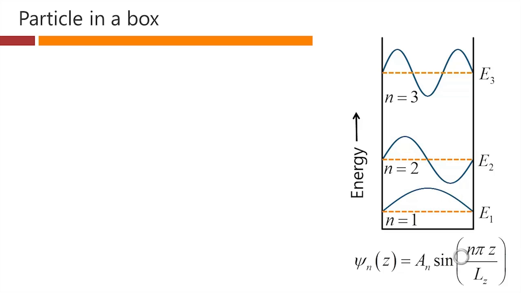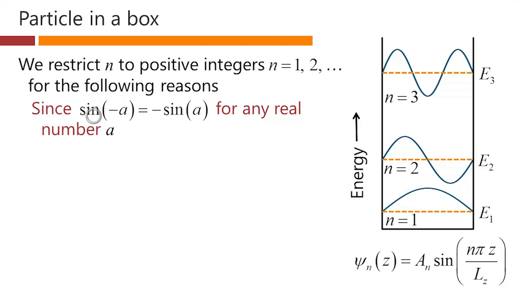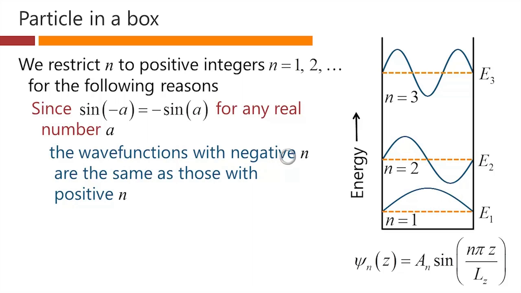Now, let's look a little bit at this wave function here. We can deduce something about these values n beyond what we've said so far. We can restrict n to being only a positive integer, not 0, but starting at 1, 2, and so on, for the following reasons. Sine of minus a is just equal to minus sine of a for any real number a. So wave functions with negative n are essentially the same as those with positive n.